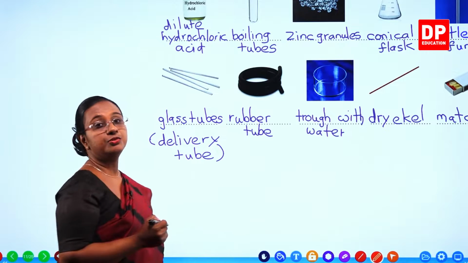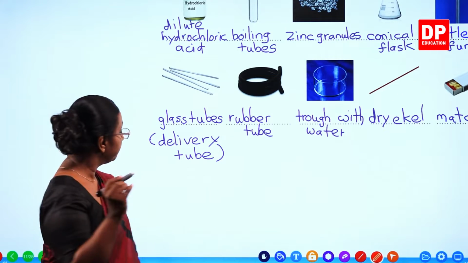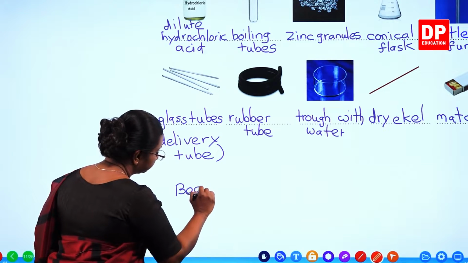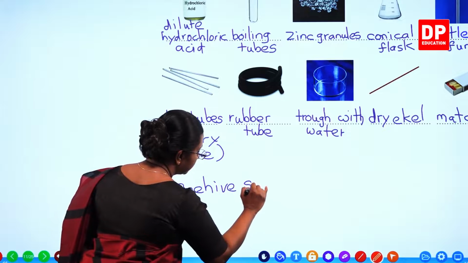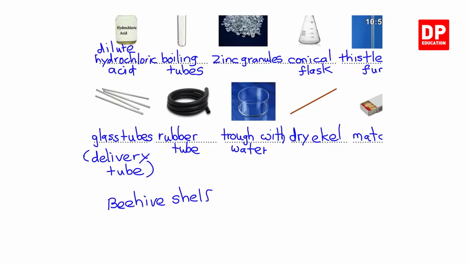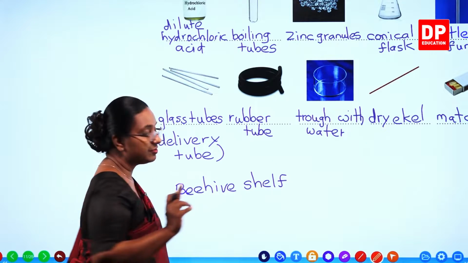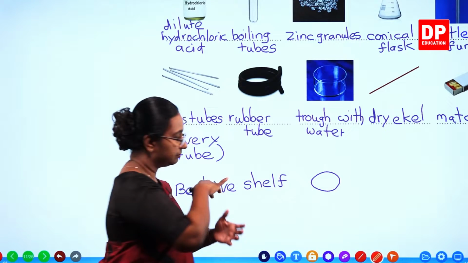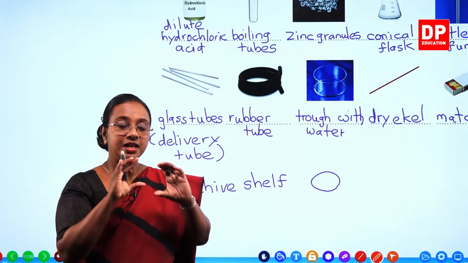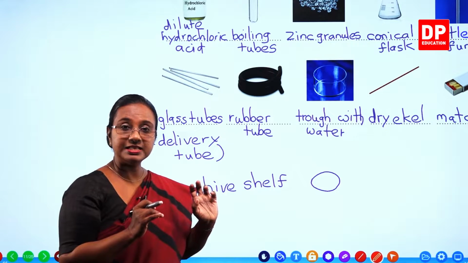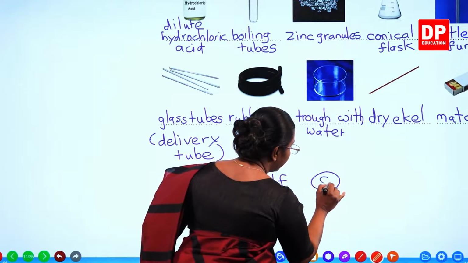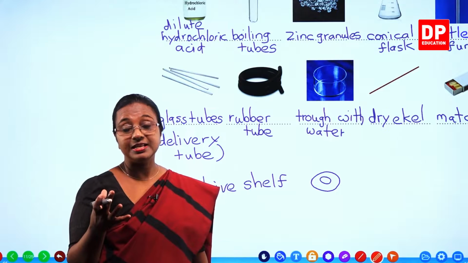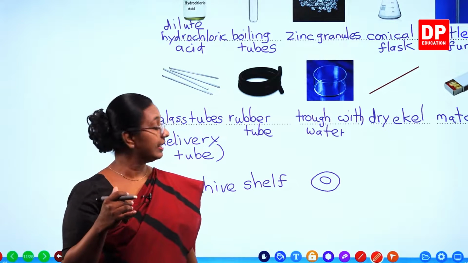In addition to that, when we prepare gases, we need something called the beehive shelf. This is a structure like this, students. It's a cylindrical or square, circular shaped thing like a small cube. You would have seen this in the lab also. There is an opening there. This is usually made of metal or ceramic porcelain, an apparatus available in the lab.